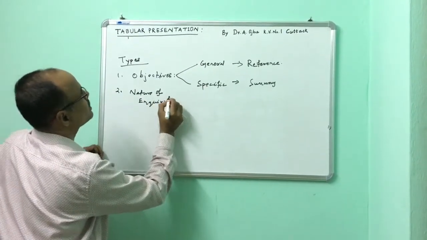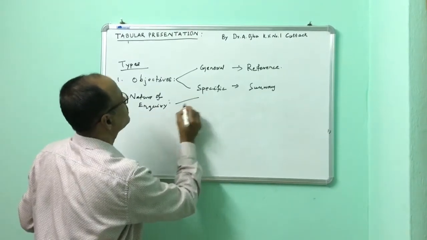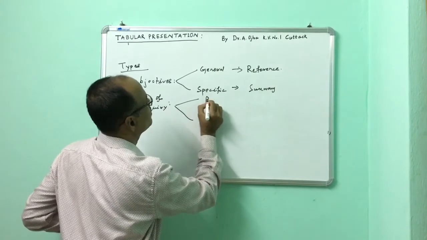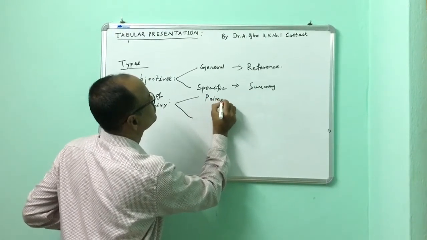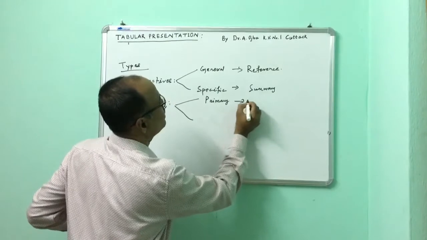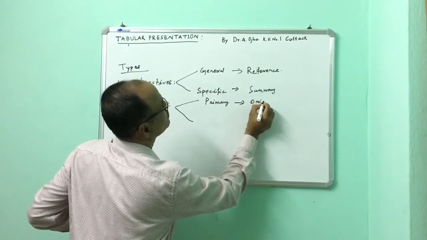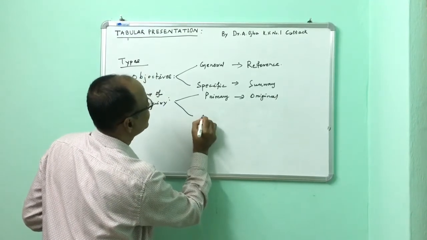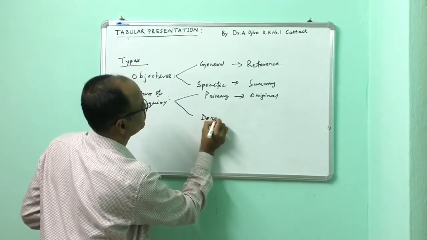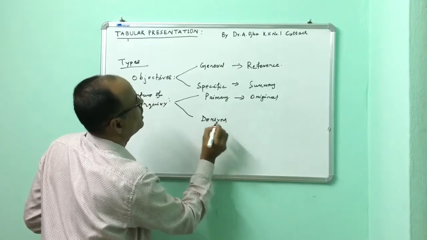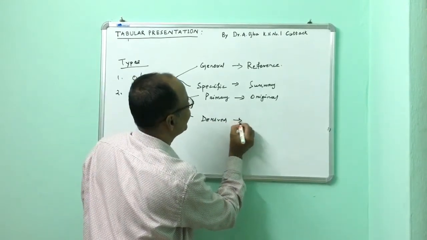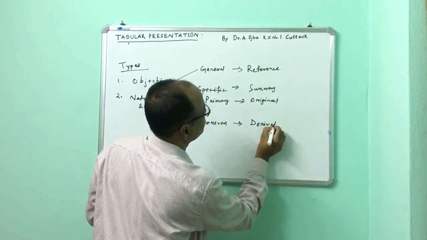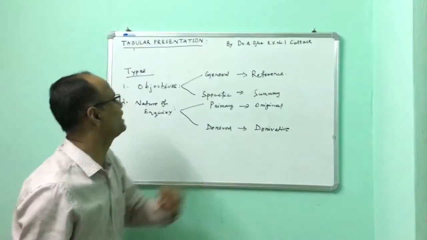On the basis of nature of inquiry, there are also two types of tables. One is primary, which is original, and next is derived or derivative, which is in terms of percentage.